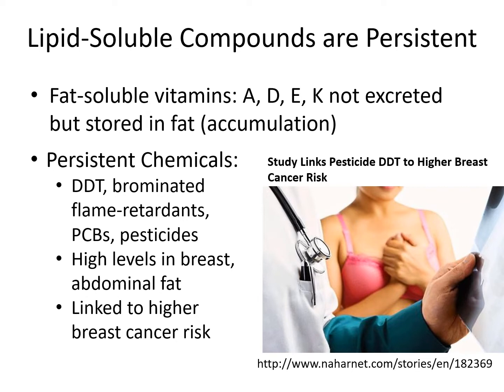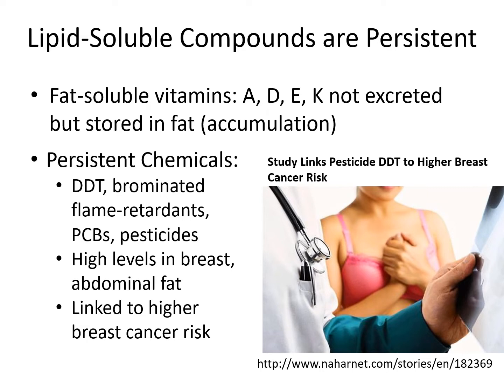The problem, of course, is that they stick around and they stay in places with concentrated fat. So, for example, breast tissue is primarily fat, and so the chemicals that you're exposed to throughout your life are going to start accumulating more and more. These things can be pretty nasty, and they can mutate your DNA, and therefore they can lead to things like cancers.